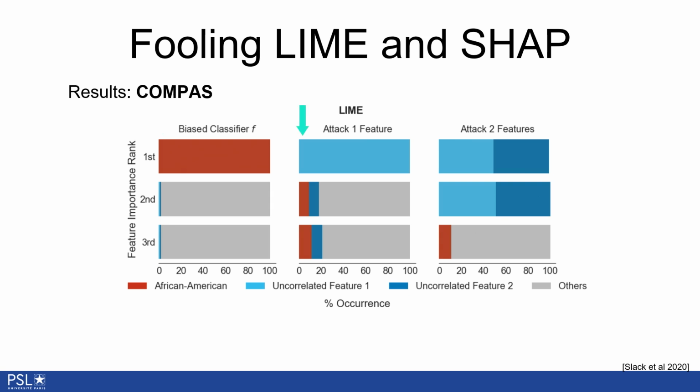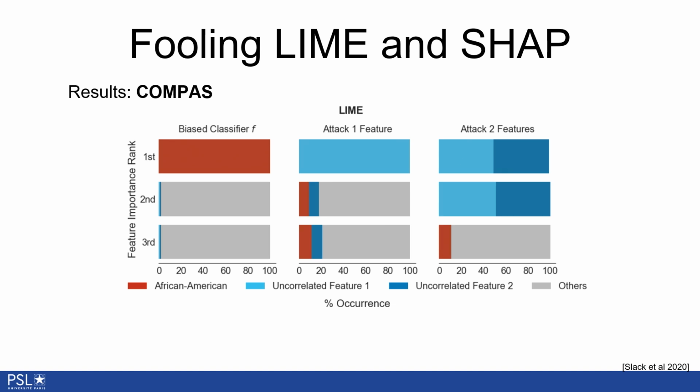In the second column, LIME is applied on the adversarial model, which detects out-of-distribution inputs and produces unbiased outputs based on 1 uncorrelated feature. In the third column, LIME is applied on the adversarial model based on 2 uncorrelated features. In each case, LIME is applied to a large set of inputs. For each input, LIME then classifies features according to their importance score.